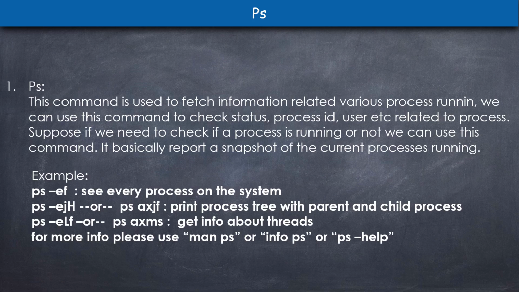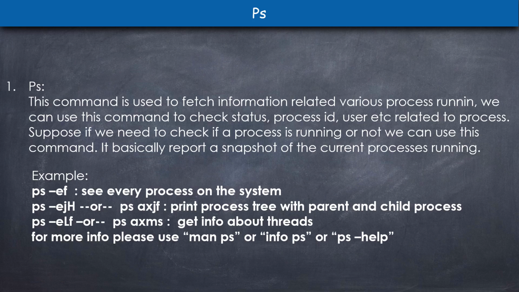A few examples: ps -ef will list all the running processes on the current system. ps -ejH and ps axjf will list the processes in a tree format, like parent, then child, then subchild. Then we have ps -elf or ps axms.